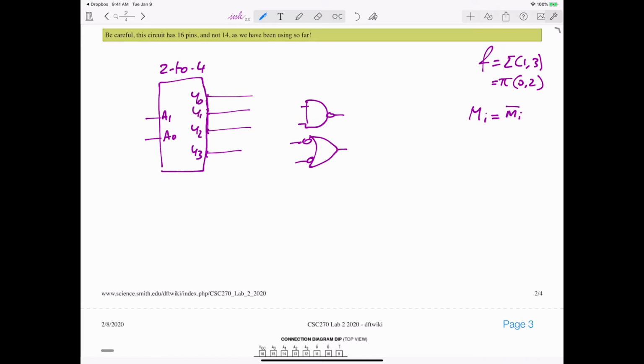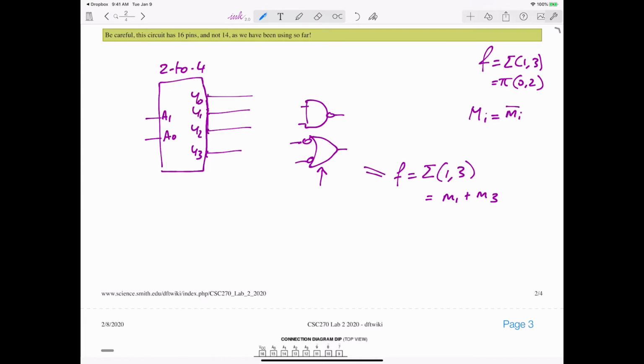So now if I have to implement F using an AND, I like this because that looks like an OR. And so that's going to be somehow easy for me to associate with the minterm canonical form, which is minterm 1 or minterm 3. However, I have an inversion going on here.